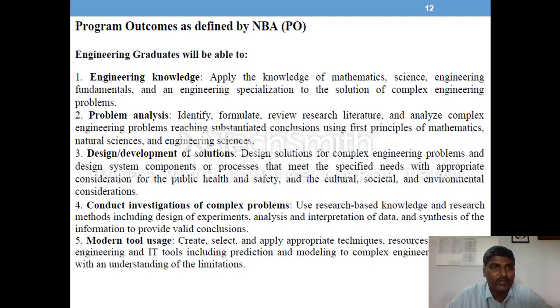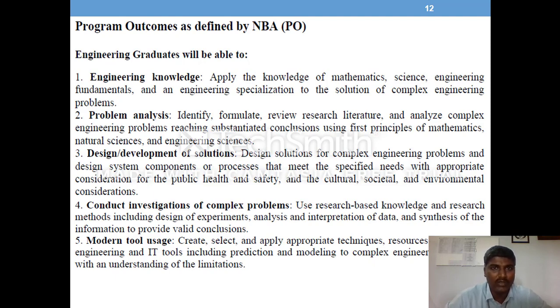These are the program outcomes which a student gains after completing his program. Program means a civil engineering branch, mechanical engineering branch, likewise. So a civil engineering student, after completing his undergraduation, what he is able to gain, these are the program outcomes as defined by the National Board of Accreditation, NBA.